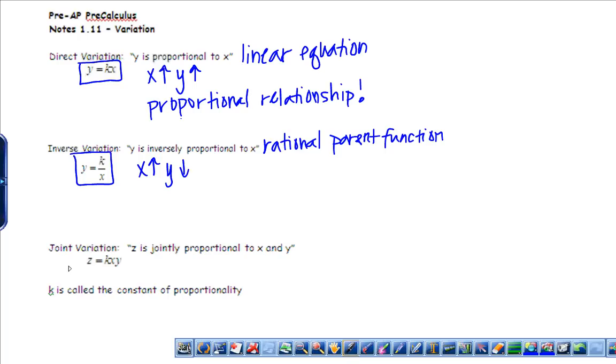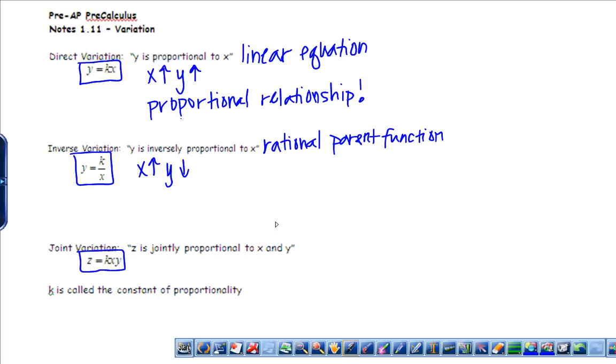Okay, on joint variation, we have another variable, I guess you could say. We've got z is equal to kxy, and so z is jointly proportional to x and to y.